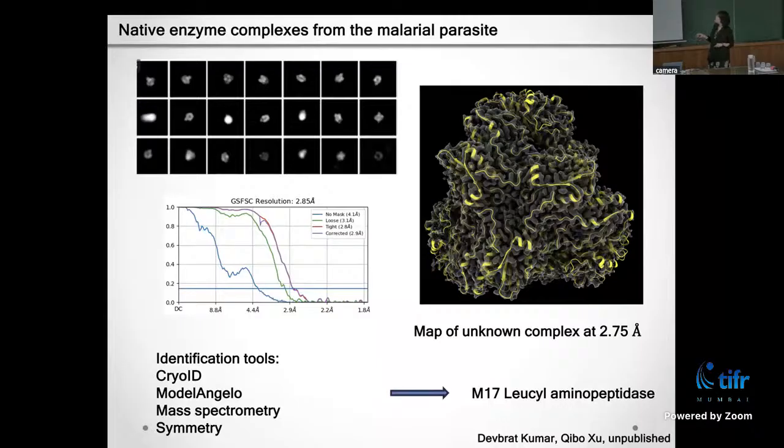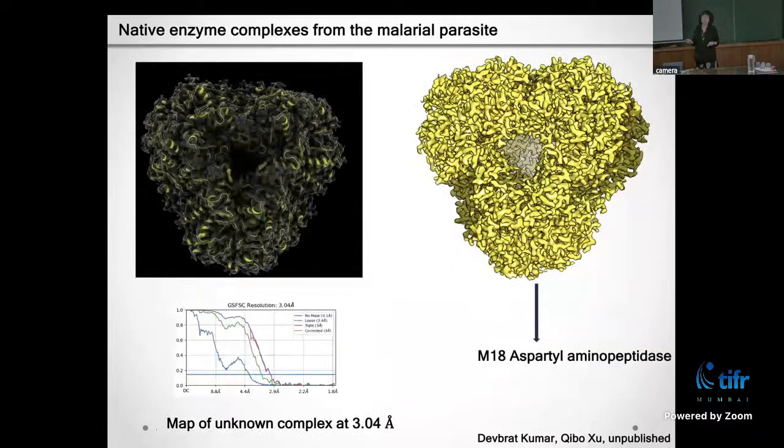And another similar structure, which appeared to have dodecameric symmetry, again looked like something that we can potentially pick out of the 2D or from the raw data. And we were able to, again, apply symmetry, utilize cryo-ID, utilize Model Angelo, and some pre-knowledge from mass spec to identify this as M18 aspartyl aminopeptidase.